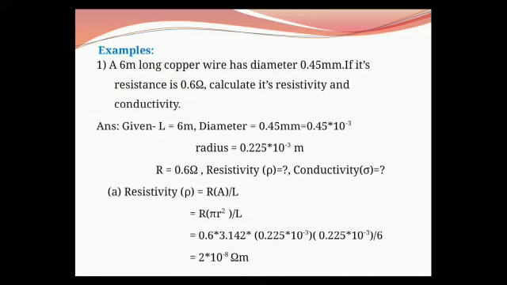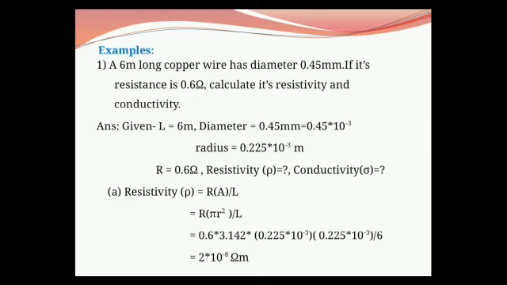Put the values of R, radius and length. We get rho equals 0.6 into value of pi 3.142 into value of radius 0.225 into 10 raised to minus 3, bracket square, upon value of length 6. When we solve this, the final answer is rho equals 2 into 10 raised to minus 8 ohm meter.